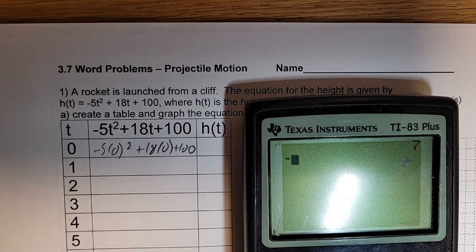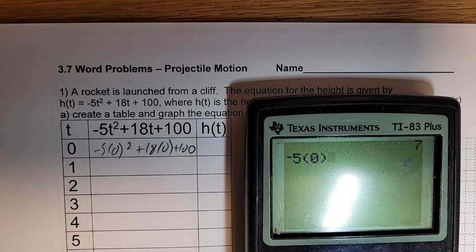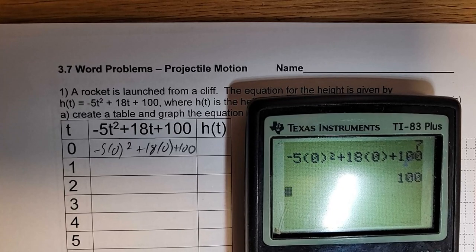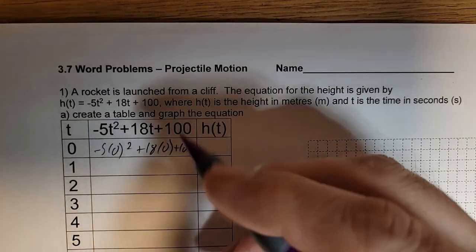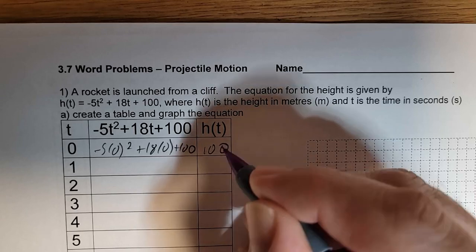We go minus 5, bracket 0, we square that, so plus 18, put the 0 in, and plus 100. It equals, and the answer is 100. We'll put the 100 here.